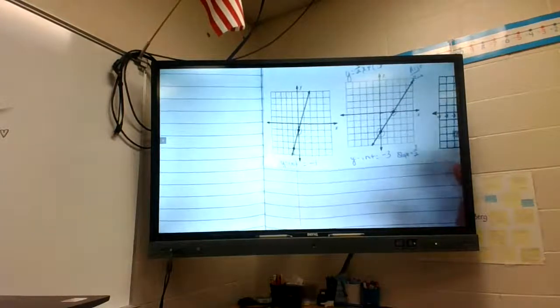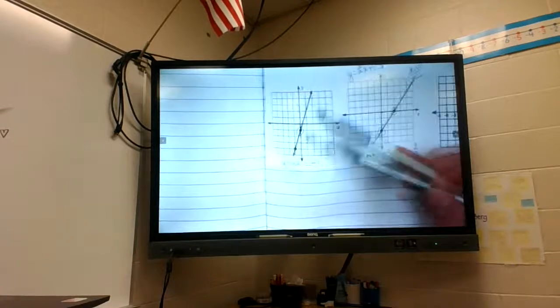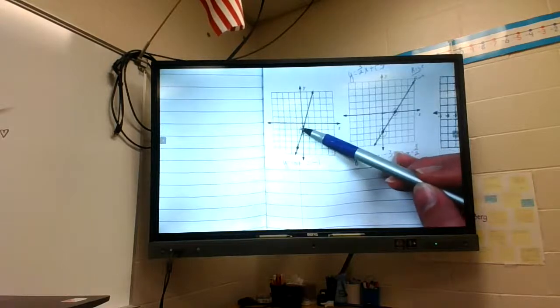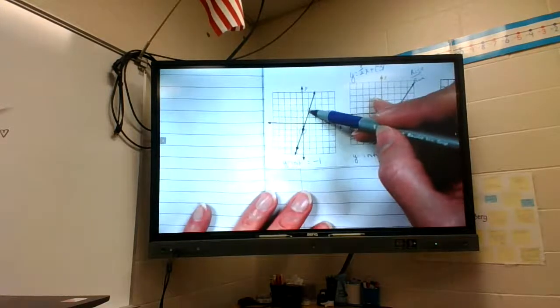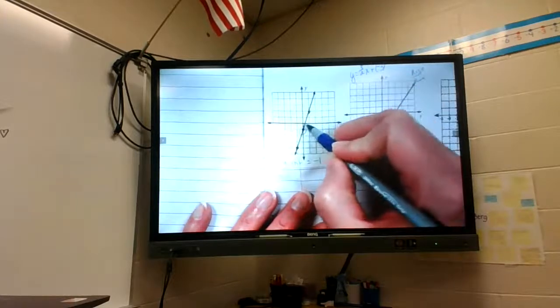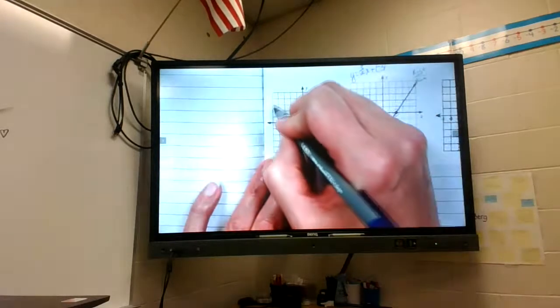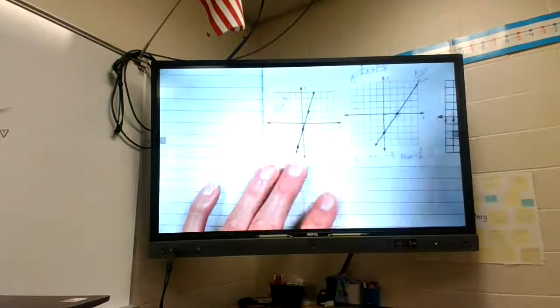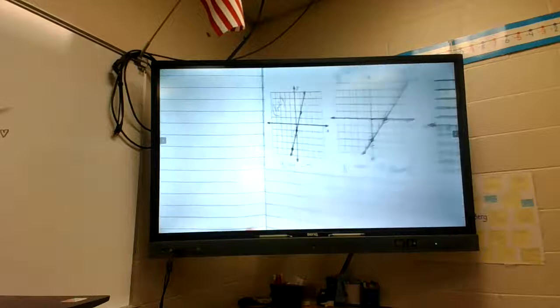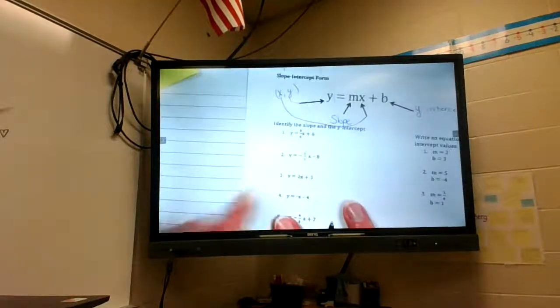Stop talking please so Carter can hear me, guys. All graphs have points on them, right? So I could pluck any perfect point. A perfect point is going to be where it goes across two lines, and that's got an ordered pair, right? Like where the lines perfectly meet. That's 1, 2. That's x, y. That point right there. So you could take that and plug it in here.